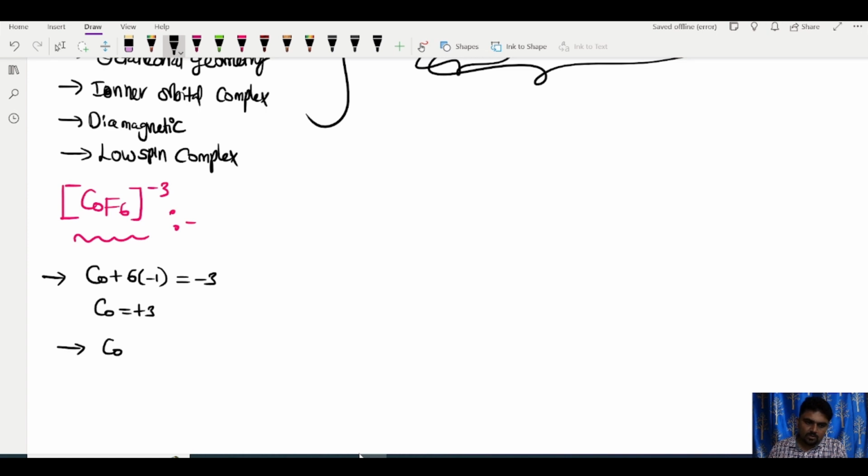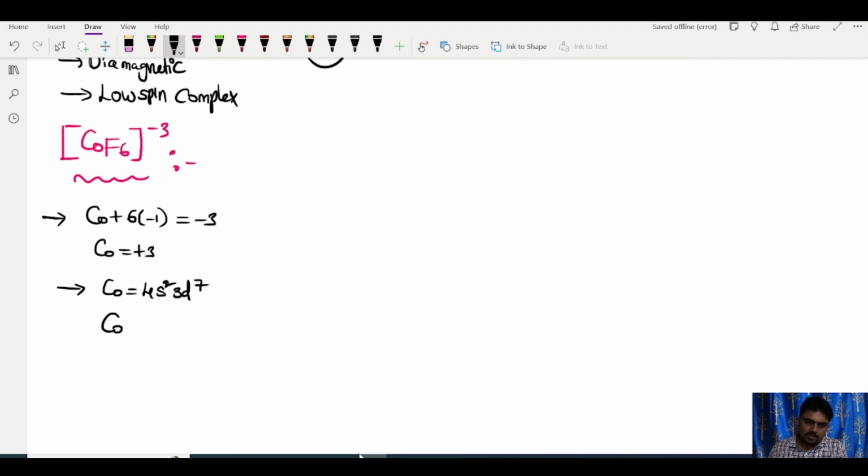So the cobalt electronic configuration is 4s2 3d7. We have to write the electronic configuration in the +3 oxidation state. +3 means removal of electrons. First you have to remove from the valence shell, so from 4s we remove 2 electrons and 1 electron from 3d.